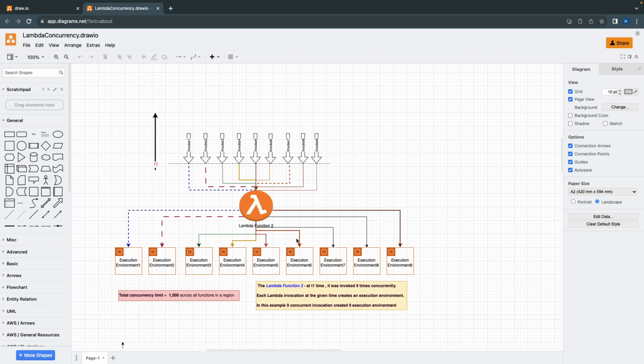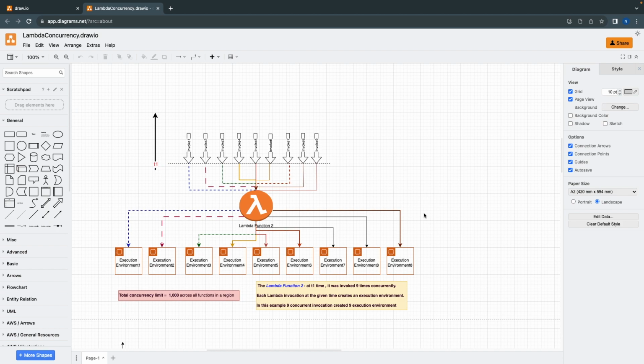But it keeps on adding execution environments if there is concurrent execution. Otherwise, if you get an invocation a few seconds after the current one is completed, it would use the pre-provisioned execution environment to process the request. So that's what happens behind the scenes when Lambda is triggered.